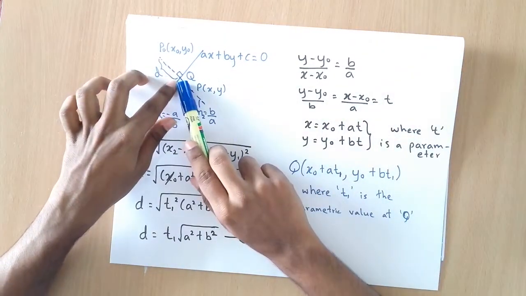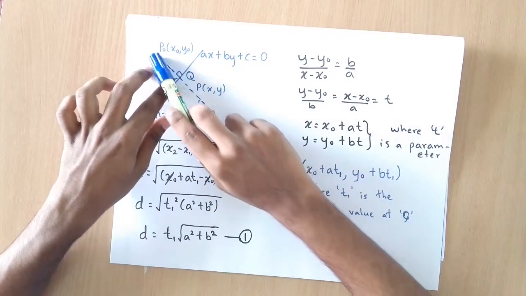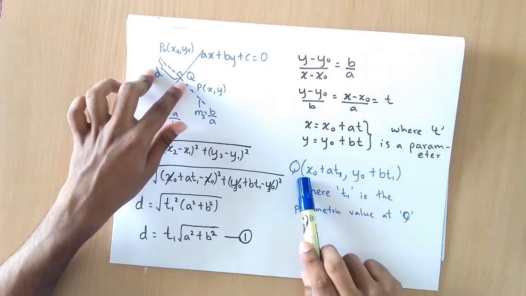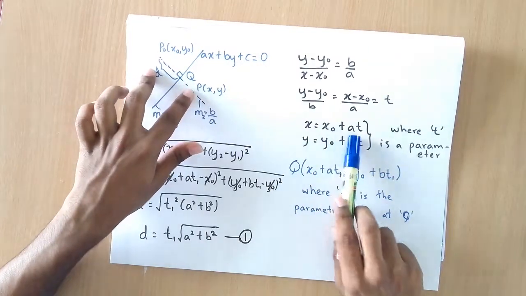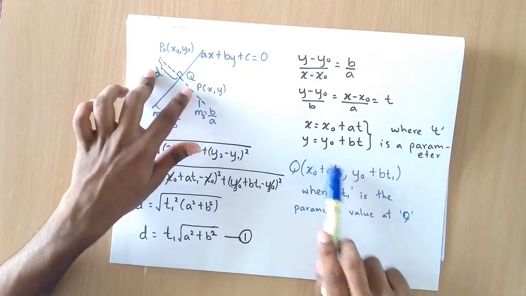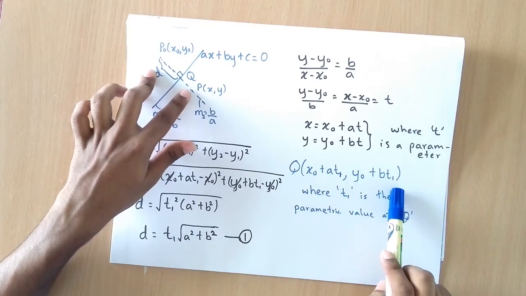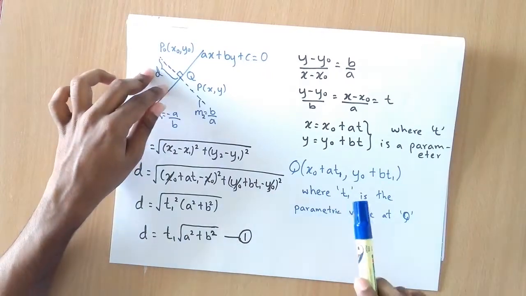Since the point Q lies on this perpendicular line, we can write the coordinates of Q as x0 plus at1 and y0 plus bt1, where t1 is the parametric value at Q.